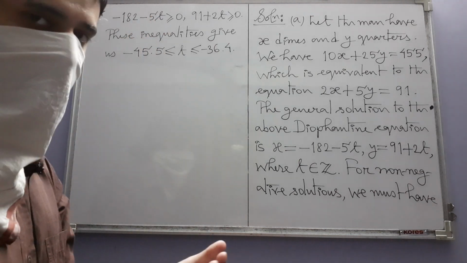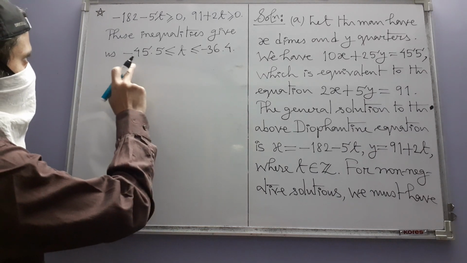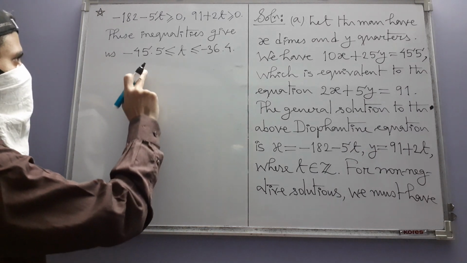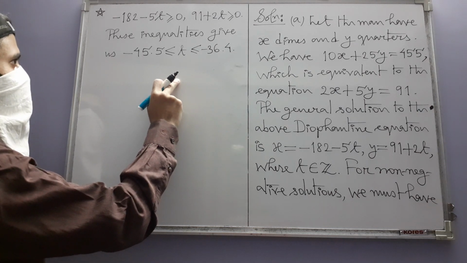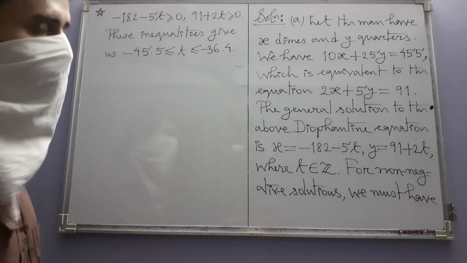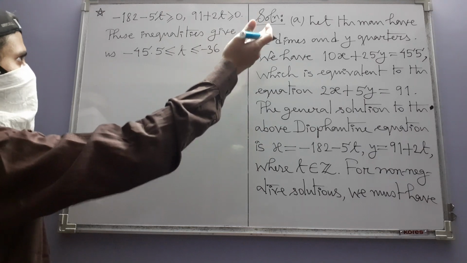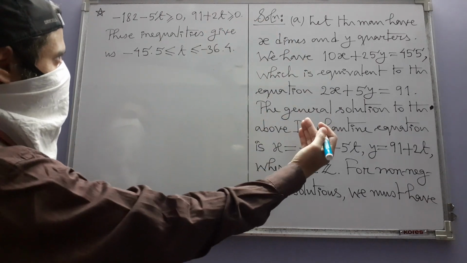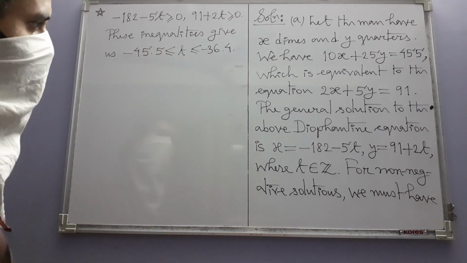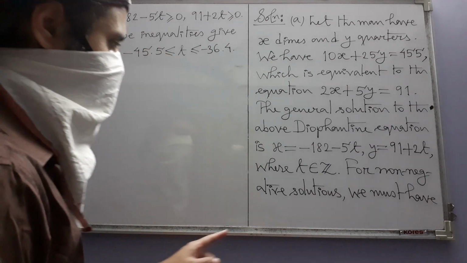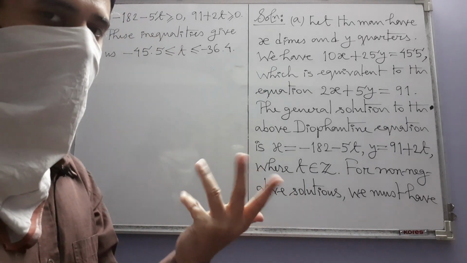You can then divide on both sides of that inequality by 5. So minus 182 divided by 5 should be greater than or equal to t, and that is minus 36.4. Similarly, from this one you get t greater than or equal to minus 91 divided by 2, and that thing is this. So that's how you have a range for t. But now you know that t is an integer, so from this you will have some values of t.